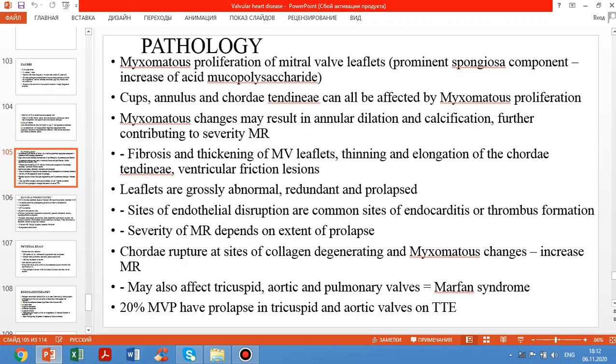Pathophysiology: myxomatous proliferation of mitral valve leaflets, prominent spongiosa component, increase of acid mucopolysaccharide. Cusps, annulus, and chordae tendineae can all be affected by myxomatous proliferation.